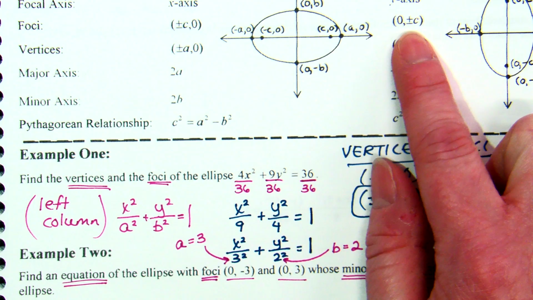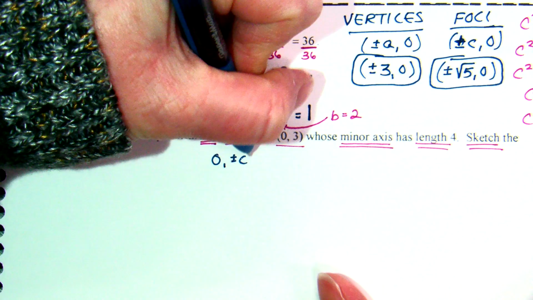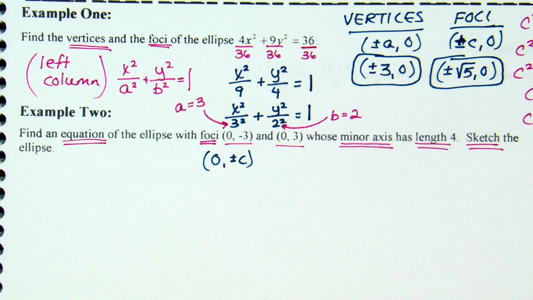So yes, that tells us several pieces of information. This is in the form 0, plus or minus c, which means it also tells us our c value. What is c? C is 3.